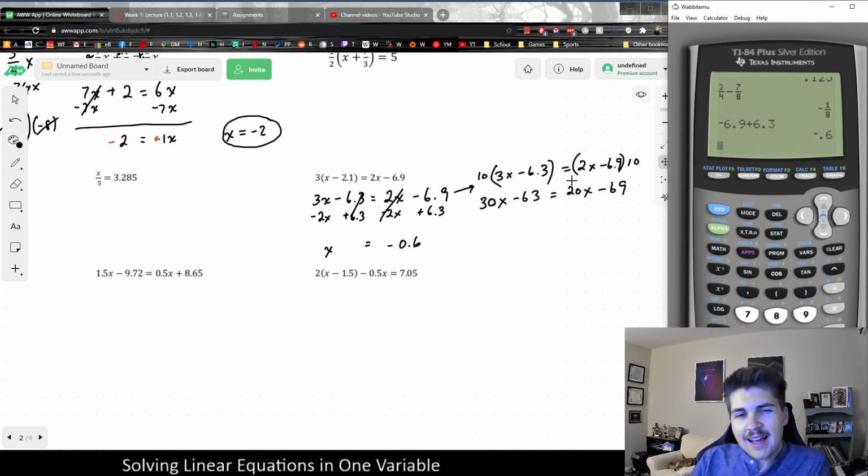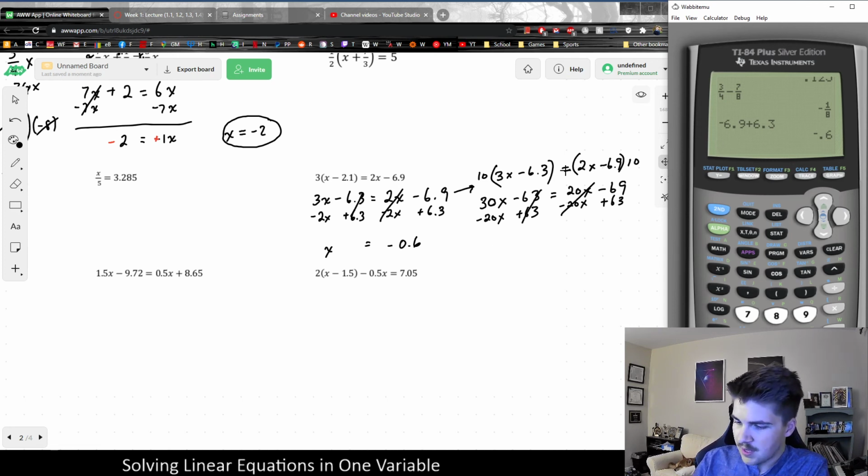Then I can go about solving it having no decimal numbers. And I think you can probably agree in this case, it's probably easier just to solve with the decimals, but depending on the numbers, sometimes removing the decimals would be nice. I usually wouldn't recommend doing this, but whatever. Then I could subtract 20x because again, I want to get all the variable terms on one side and add 63 because I want to put the numbers on the other side.